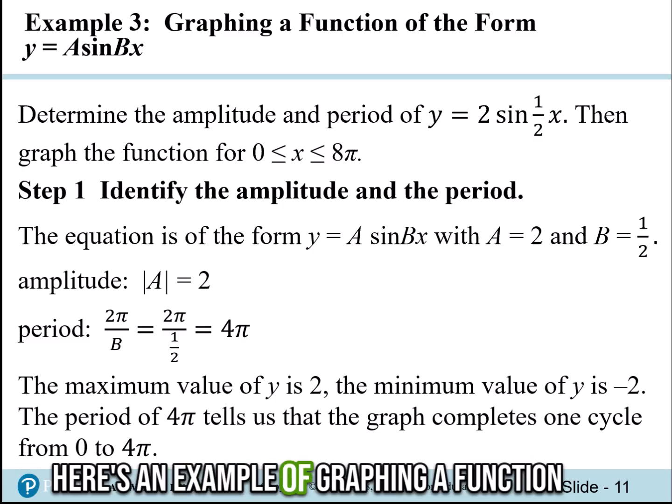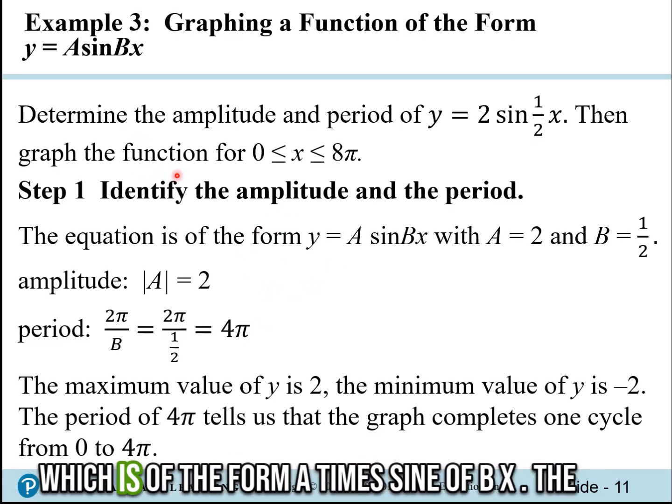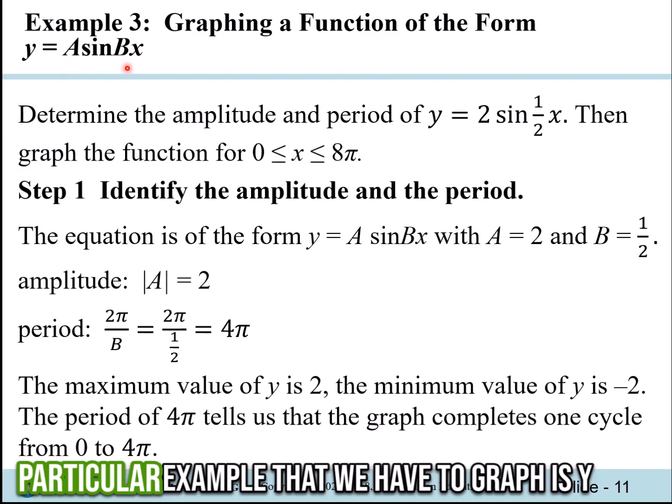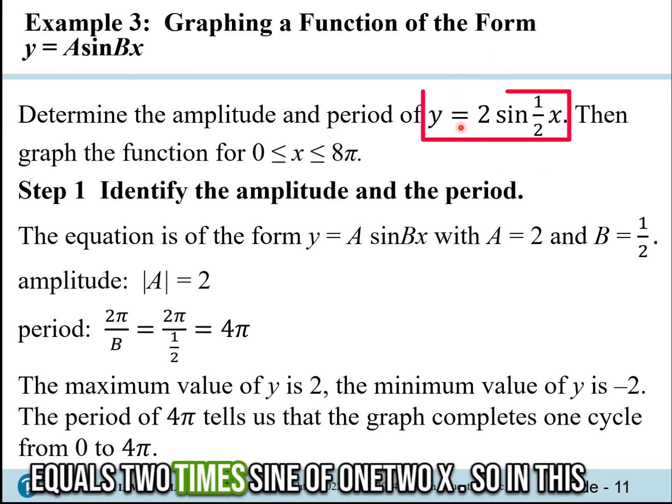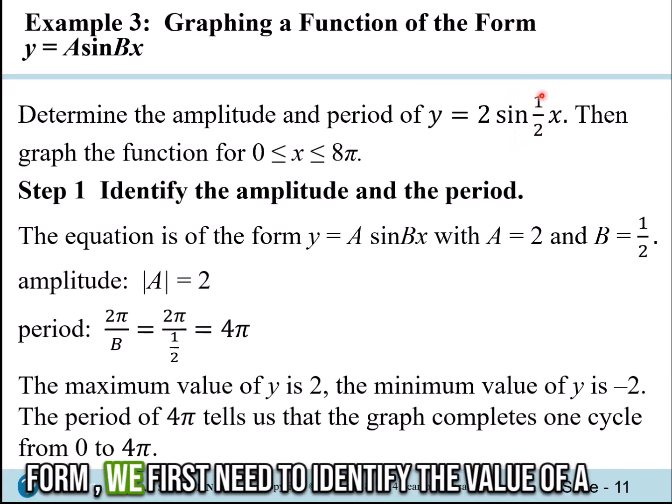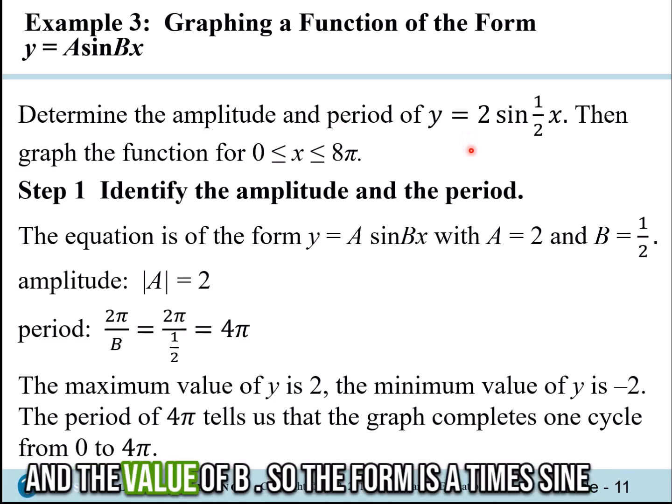Here's an example of graphing a function which is of the form a times sine of bx. The particular example that we have to graph is y equals 2 times sine of 1/2 x. So in this form, we first need to identify the value of a and the value of b.